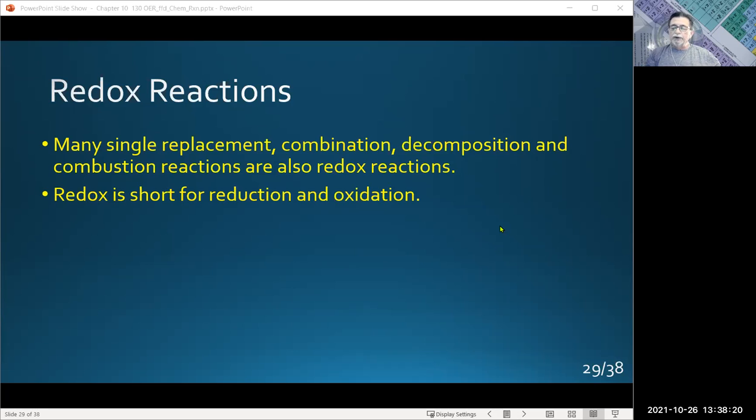Now, redox is short for reduction and oxidation. What are we talking about here? We are talking about the loss or gain of electrons. The loss of electrons is called oxidation.